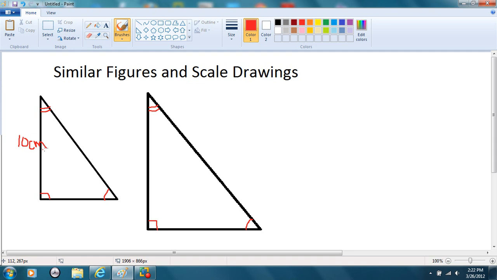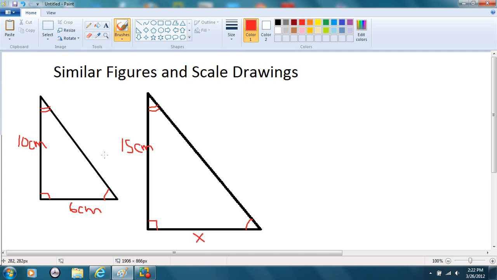Then over here this is 6 centimeters. And over here, this is bigger, and let's say this is 15 centimeters. Unfortunately, I don't know what this is down here. I'm going to call it X. And I want to know what X is.